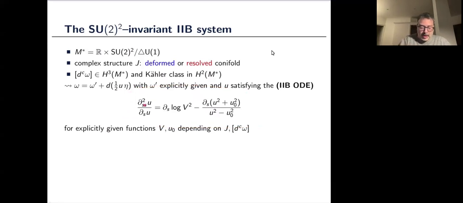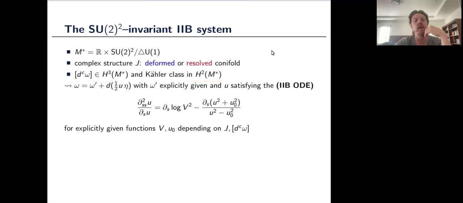Here s is a parameter on this R, and V and U0 are two functions of R that depend explicitly on the choices that I make: which complex structure I've chosen, which cohomology class, and which background closed form I've chosen. What is eta?